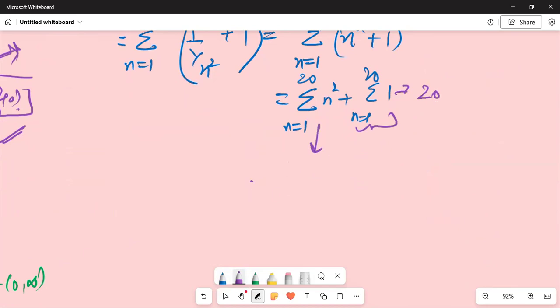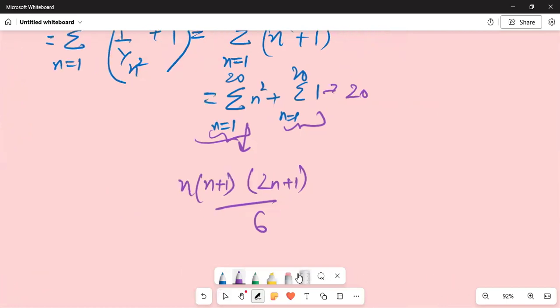And for this, using the formula, you can easily find the sum. The sum of the squares of the first 20 natural numbers is given by this formula, and you put n equals 20 over here.